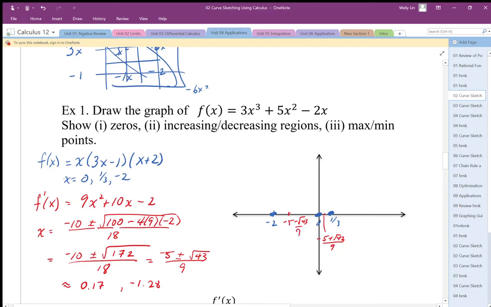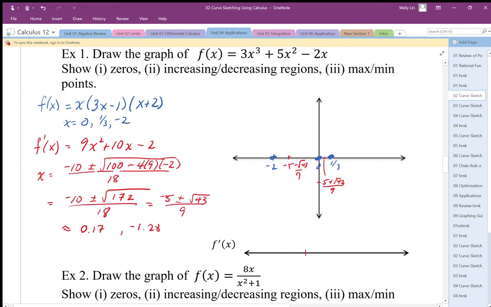Okay. And so those are going to be the max and min coordinates. So I'm going to write those in. So that's going to be about negative 1.28. So negative 5 minus root 43 over 9. And then there's going to be a point here. Negative 5 plus square root 43 over 9. Okay, those are our zero slopes.